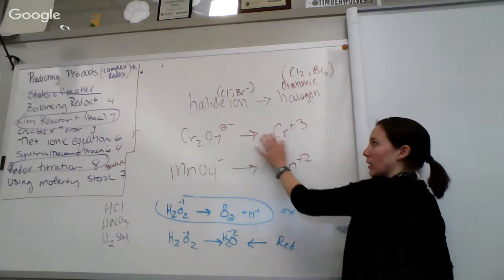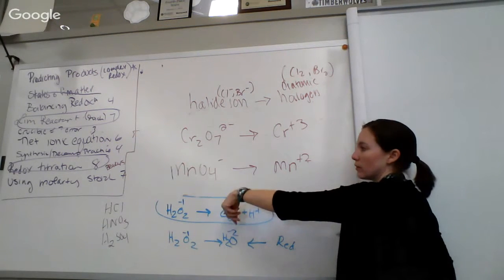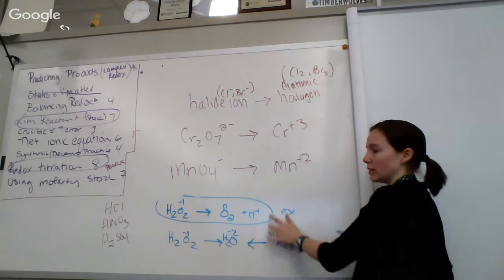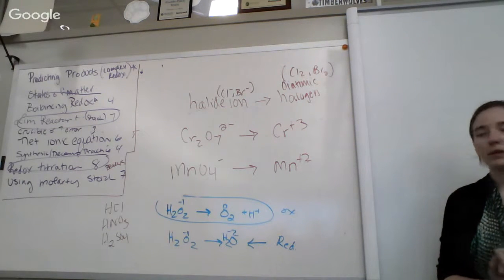Dichromate is going to drop its oxygens and become chromium plus 3. Permanganate is going to drop its oxygens and become Mn plus 2. And then the 2 different instances for hydrogen peroxide. Those are the ones I'd like you to be familiar with for the test.